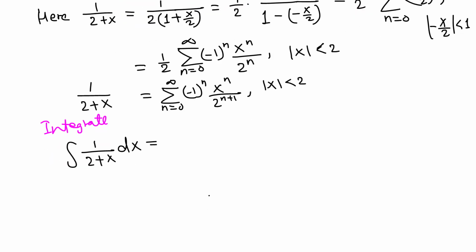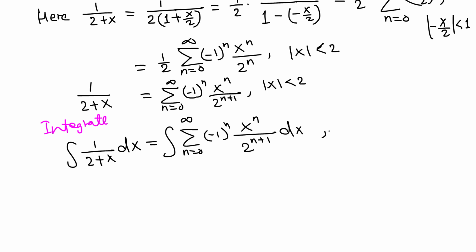so we are integrating the sum from n equals 0 through infinity of negative 1 to the n x to the n over 2 raised to n plus 1 dx, and our interval of convergence still remains the same.